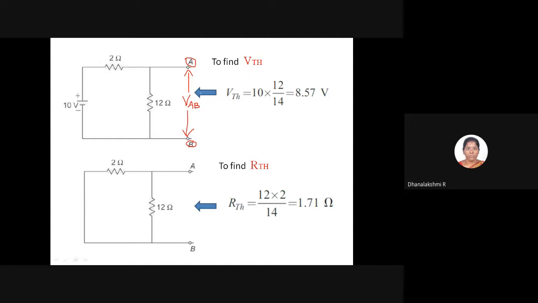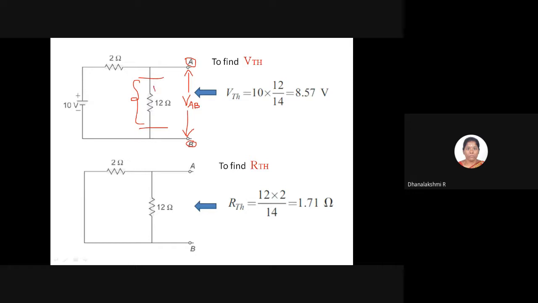Now when we observe the circuit, we come to know that the voltage across the terminals A and B is nothing but the voltage across the 12 ohm, because we know that in parallel the voltages are the same. Therefore, whatever voltage we have across this 12 ohm branch is equal to VAB.